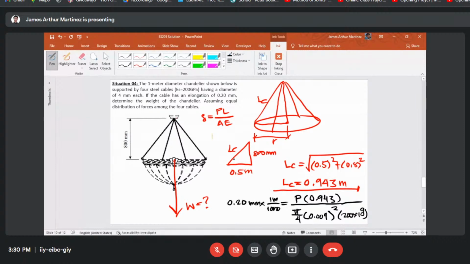From the triangle, we get the angle of inclination by the tangent function. So tangent of angle theta is equal to 800 over 500. So angle theta therefore is 57.995.